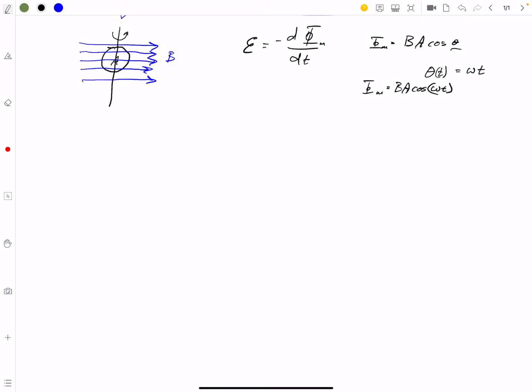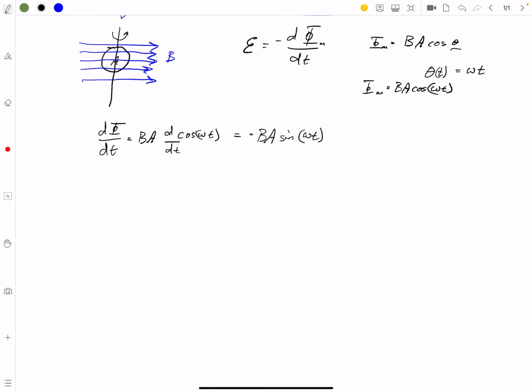So if nothing else is changing in time, then in our d phi dt, all of that B A stays, and we're left with the derivative of the cosine of omega t. And that gives us negative B A sine of omega t.